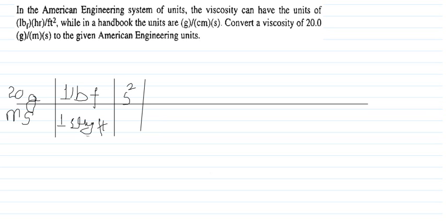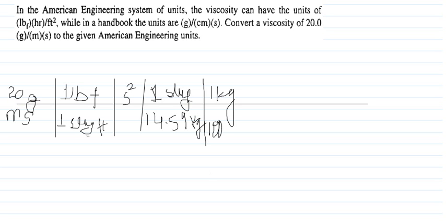We know that one slug is equal to 14.59 kilograms, and 1 kilogram has 1000 grams.